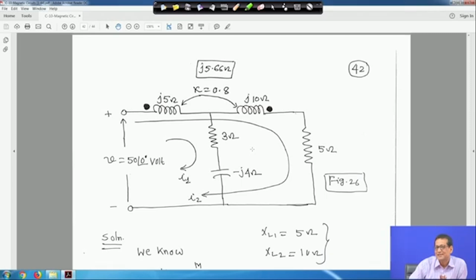So now magnetic circuit is over. When you come to DC circuit, single phase AC circuit, 3-phase AC circuit, resonance, maximum power transfer theorem and magnetic circuit, my suggestion is that you do not take too many books.